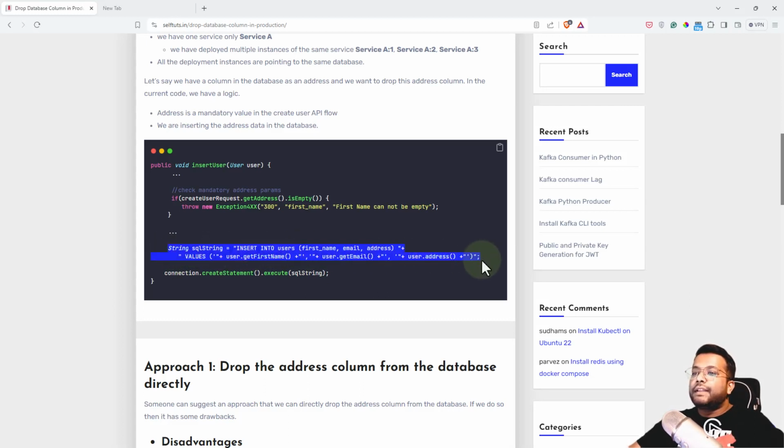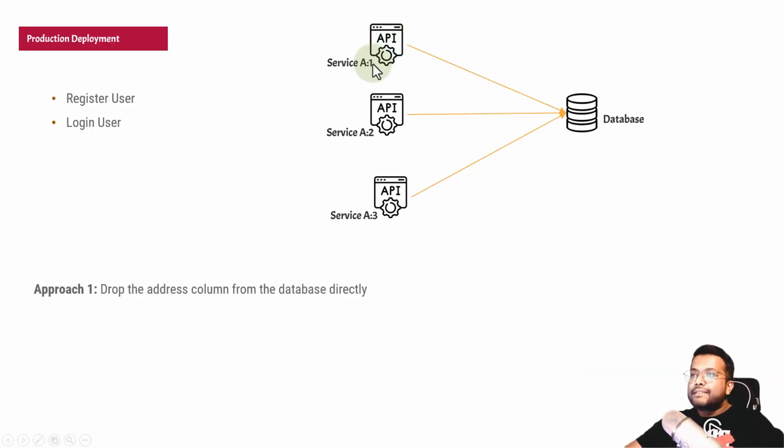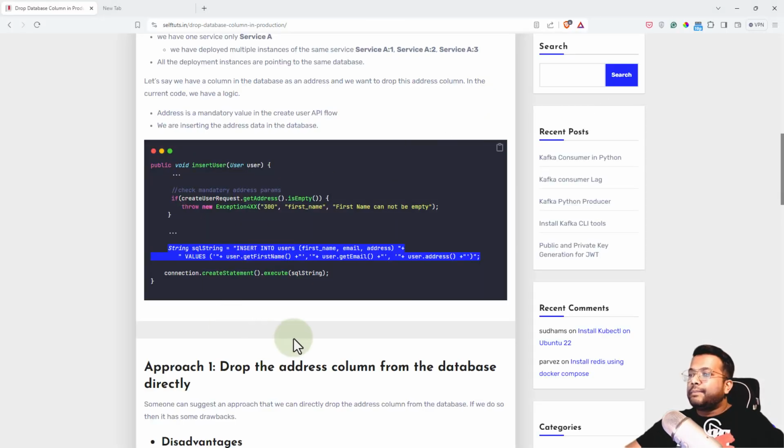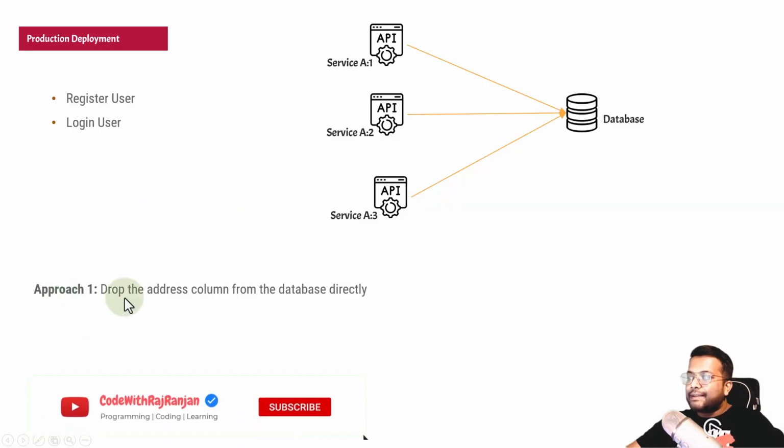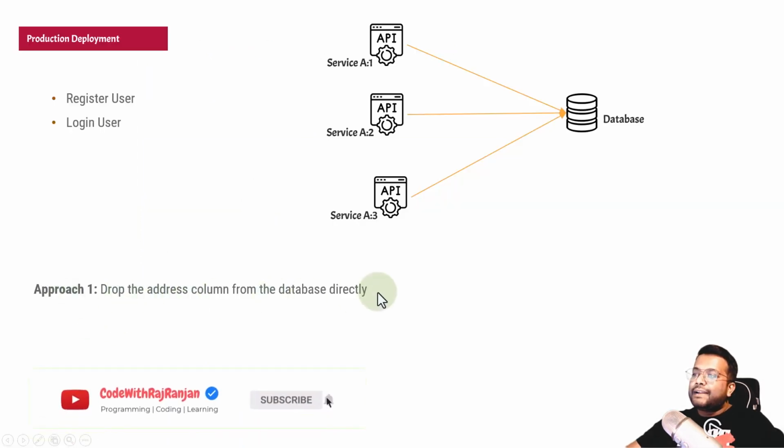This particular line will start to fail, and all my application instances, service A:1, A:2 and A:3, will start returning errors, and there will be downtime because I directly dropped the column from the database. Let me explain again: since this code is still deployed on production, in approach 1 we drop the address column directly without any code changes.